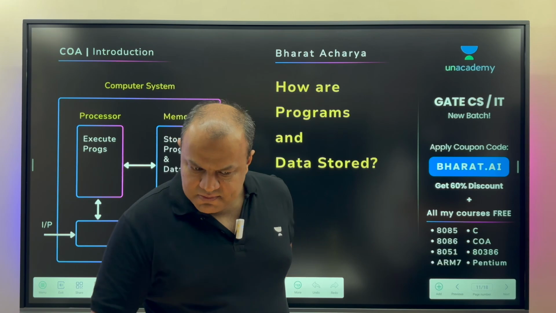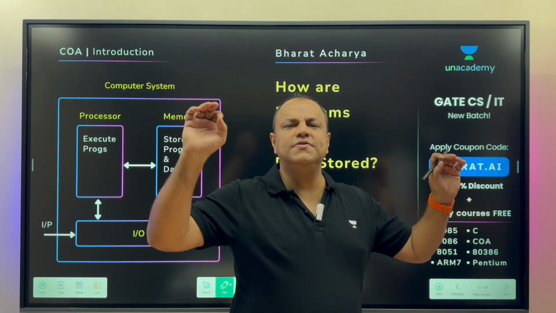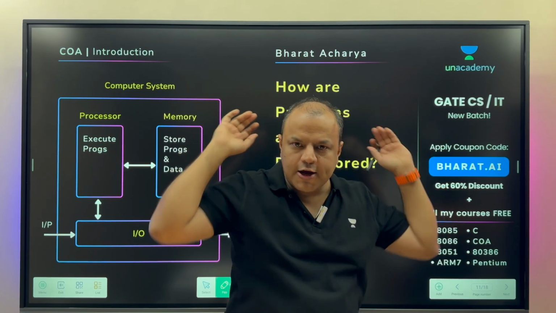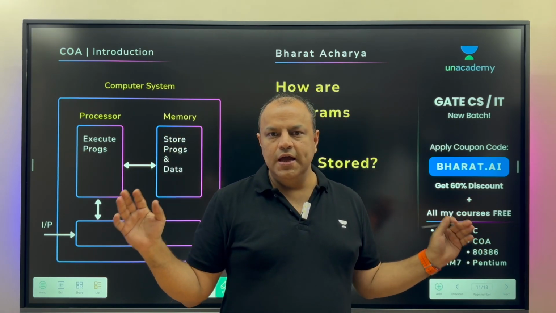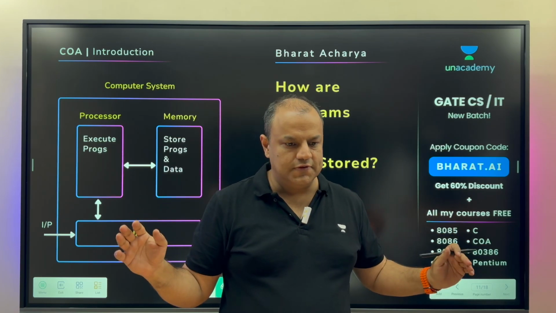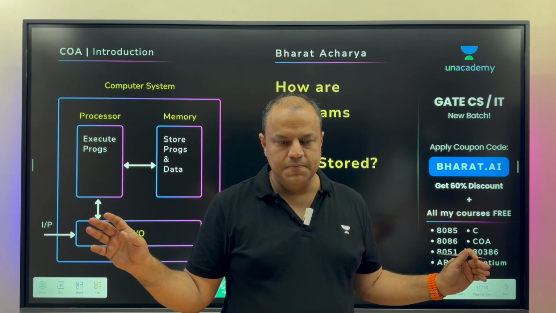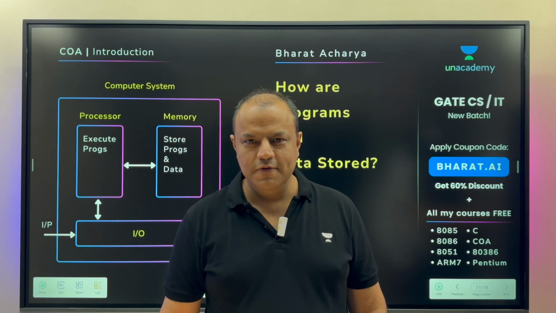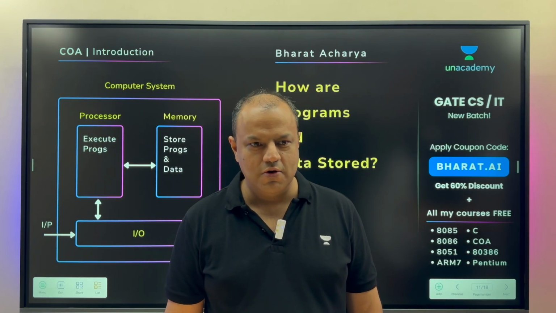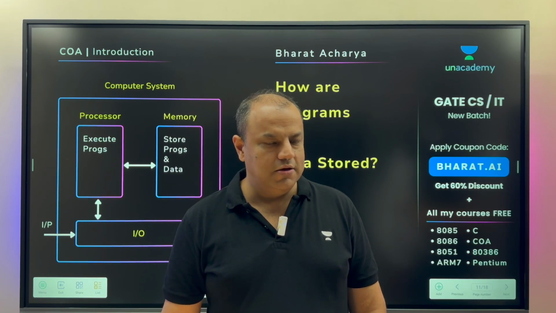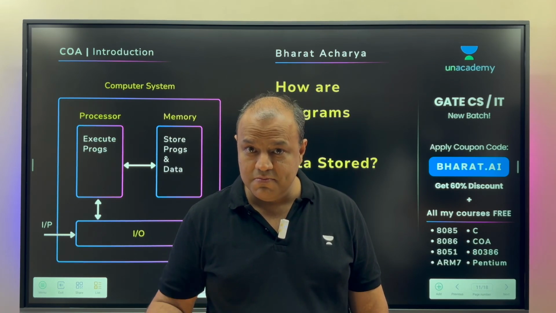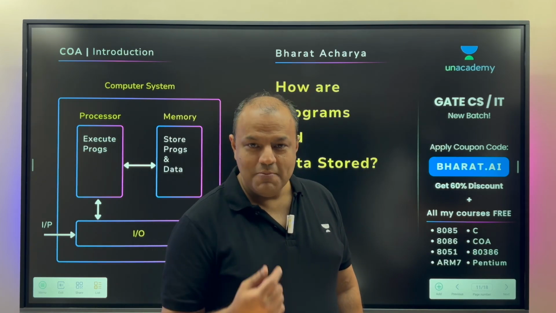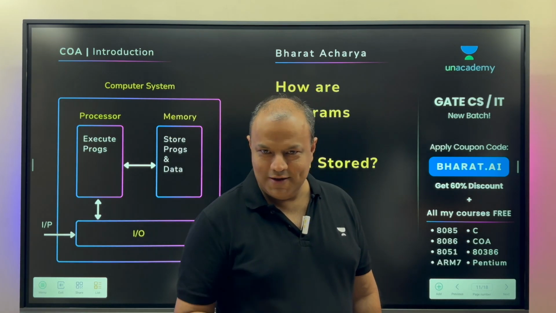I told you some time back, everything is a series of zeros and ones. Okay, you have to be crystal clear about this. If there is a doubt regarding this, you will not understand anything further. Everything, be it the most beautiful photo, be it the most wonderful memory of your life which you recorded as video, be it your certificates which you have tremendous pride in, 95% in 12th standard, can't take that away from me, marched in the Republic Day Parade of India, New Delhi, I have the video of it.